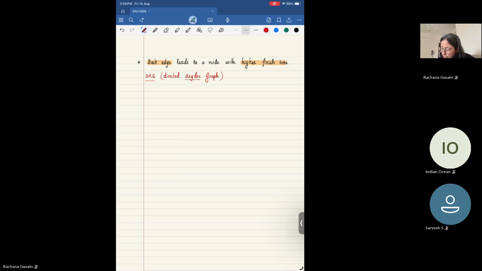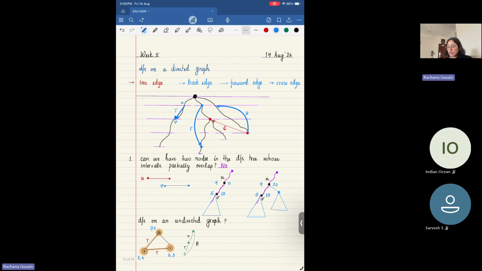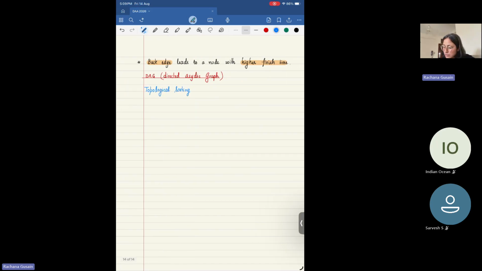Now, what do we do in topological sorting? Also, from the discussions that we have had so far, it should be immediately clear that if I have a cyclic graph, either directed or undirected, it is equivalent to saying that there is at least one back edge.